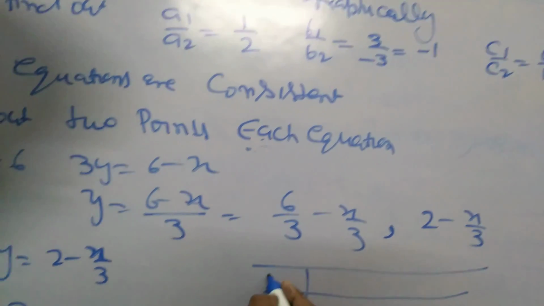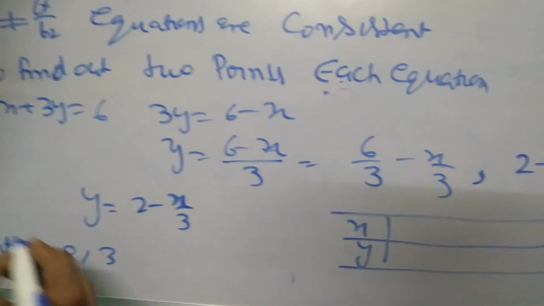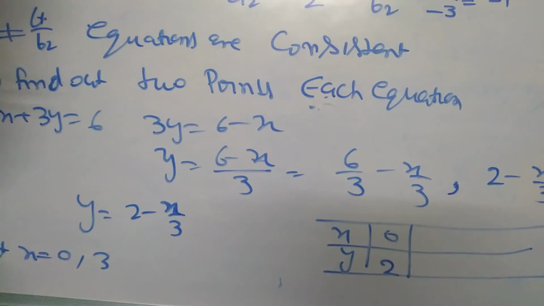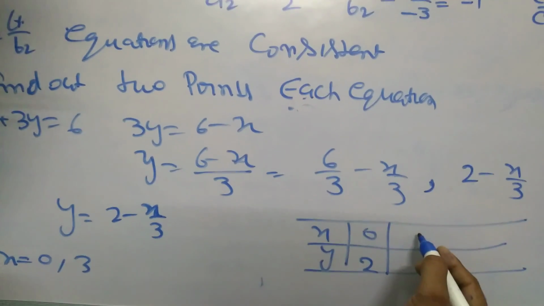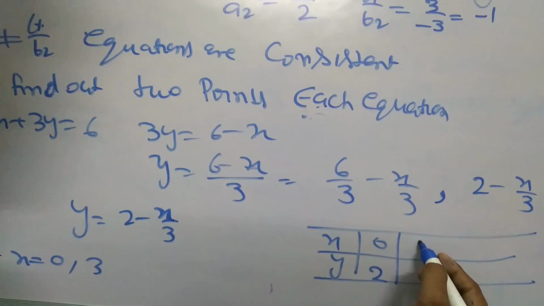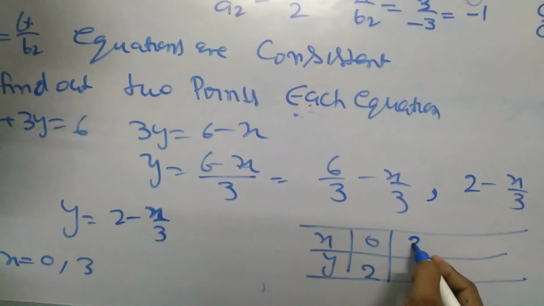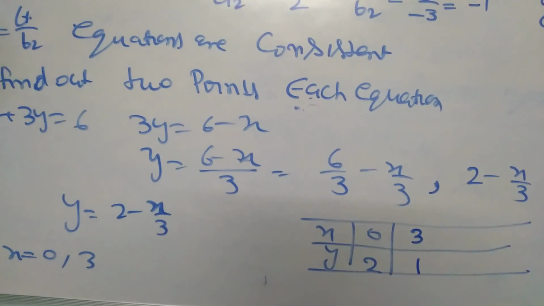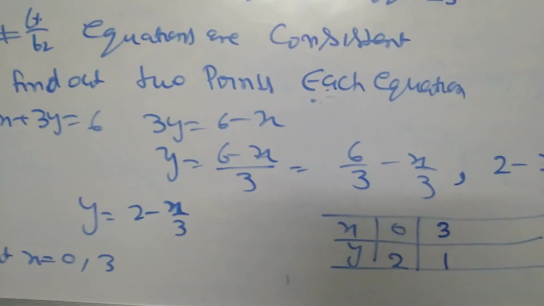When we put x equal 0, then we get y equal 2. We put x equal to 3, then we get y is equal to 1. So we find the two solutions.